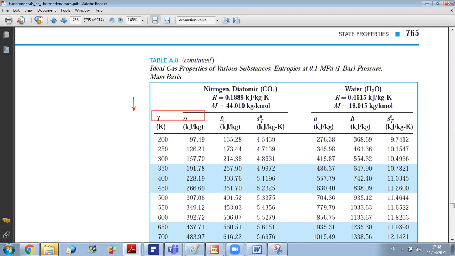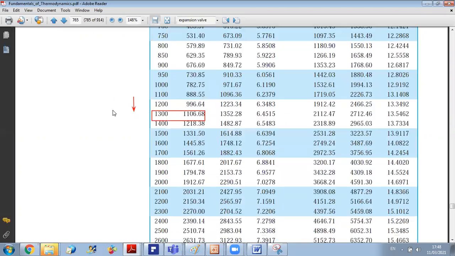So we should specify in the problem whether you should use it as ideal gas, or use its own tables, because we also have tables for CO2.